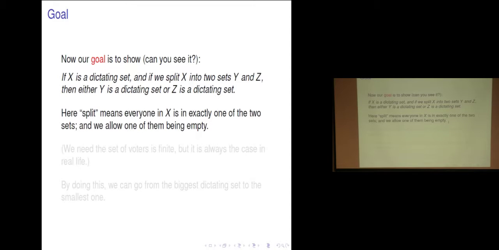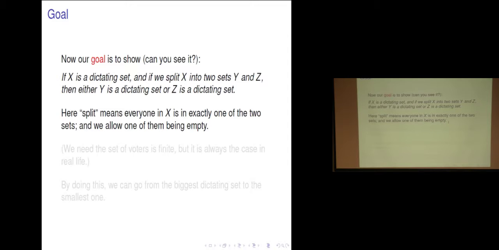I have to explain what splitting is. Split means every element in X is in exactly one of the two sets. Y can be empty or Z can be empty. For example, the split of people in this LT: this is Y, these are Z. So everybody, including me, I'm on this side, is in one of the sets.